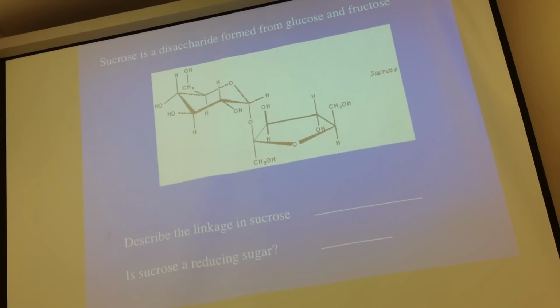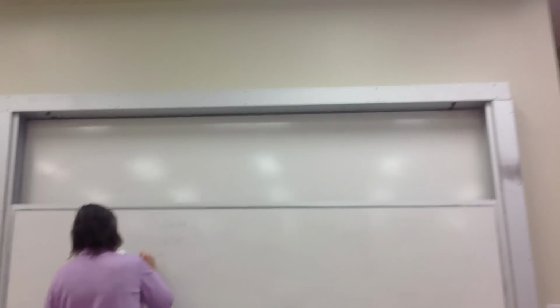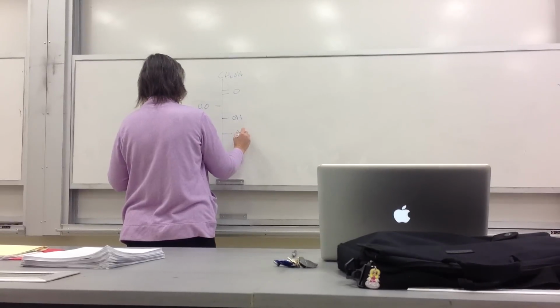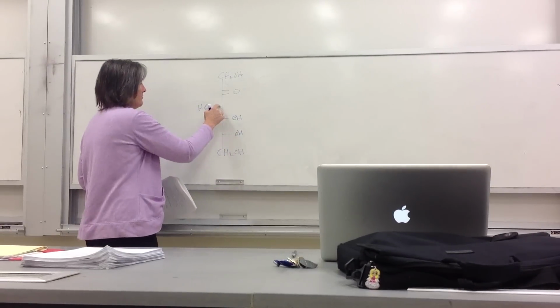And when you go down the chain, fructose has a, I'll draw it here to be more effective, a ketone in it. So it looks like this. One, two, three, four, five.